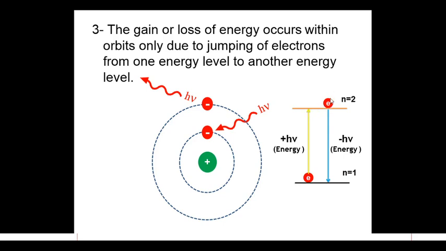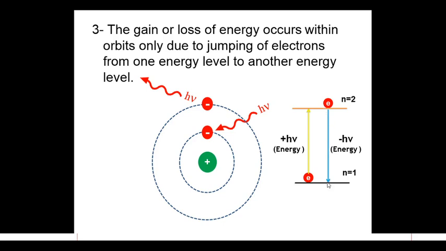Similarly, an electron in the n equal to 2 state never radiates energy. But since higher excited states are unstable, in order to attain the stable ground state, n equal to 1, it will emit its extra energy, that is h nu energy is emitted, and it will come back to the lower energy state.